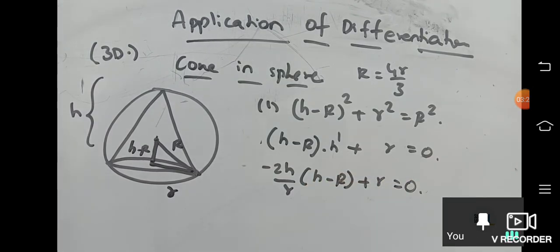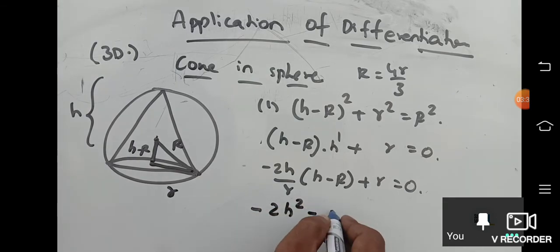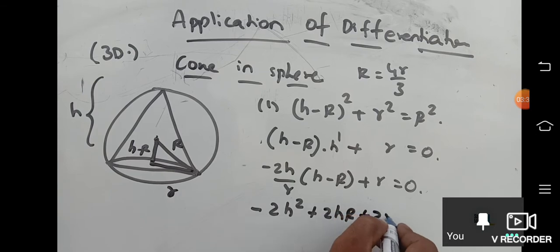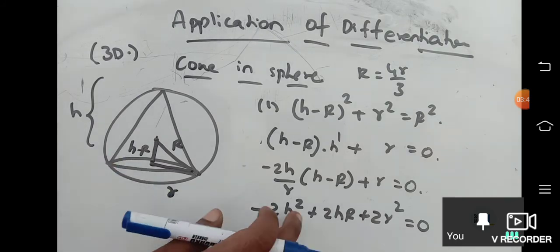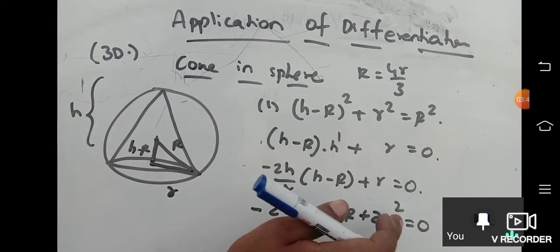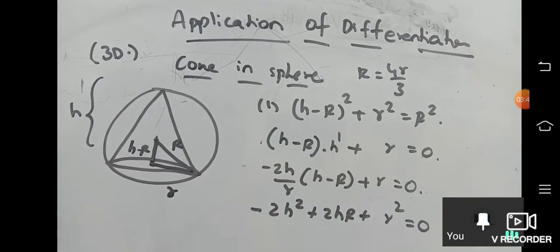Next what is happening? You do LCM, and r that side, minus 2h square by r is equal to 0. By r sending that side, it is equal to 0 finally. No 2. Correct. r square equal to 0. Next what to do?